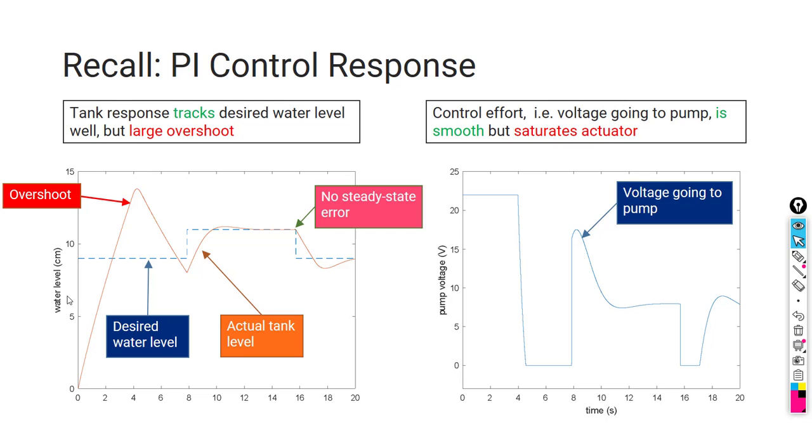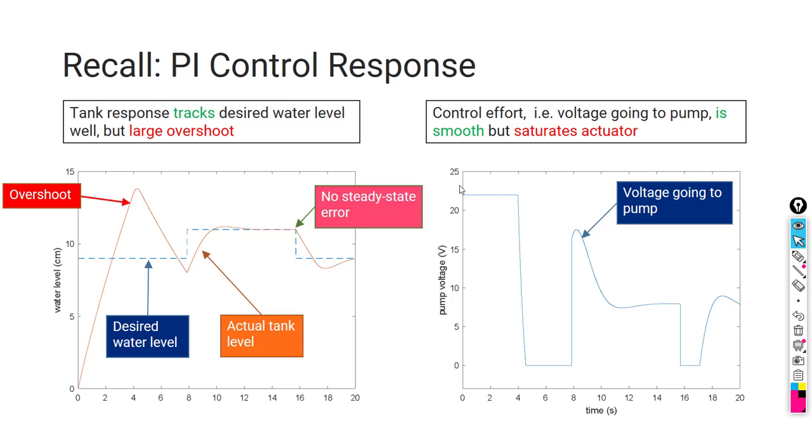That's the water level. I want to control it at the blue, the desired water level, and this is my output. Remember, we had no steady state error because of the integral term.